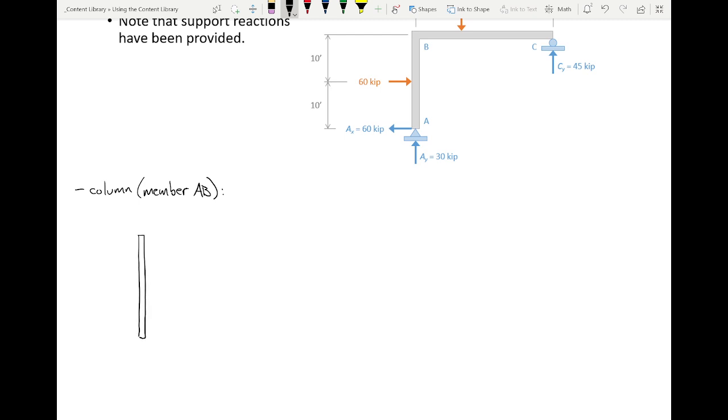So here's the column, and actually let me change my colors up. I know that this is 30 kips, and I know that this is 60 kips, and I know that this is 60 kips. And I know that that is 10 feet.